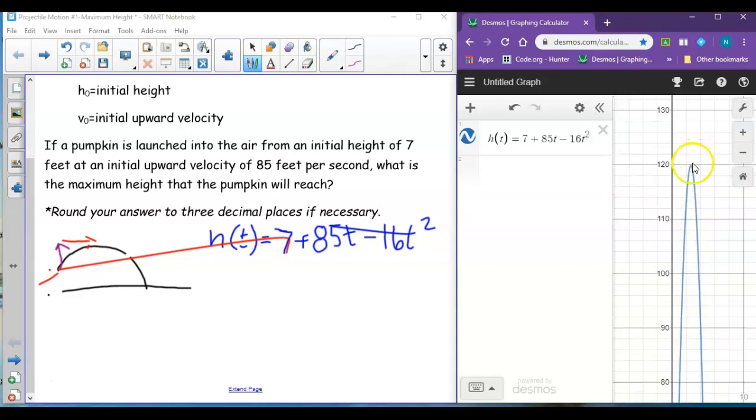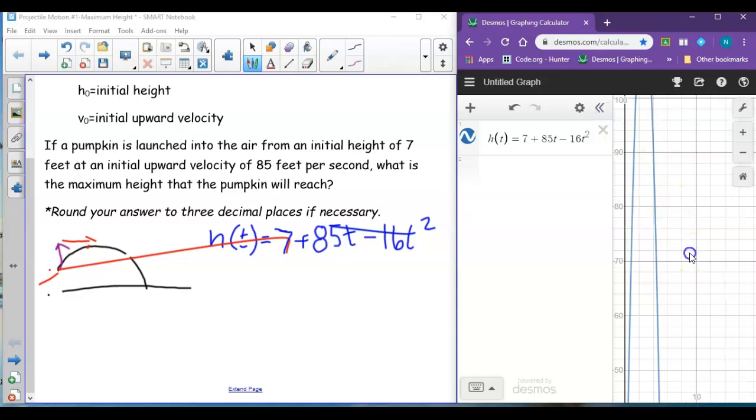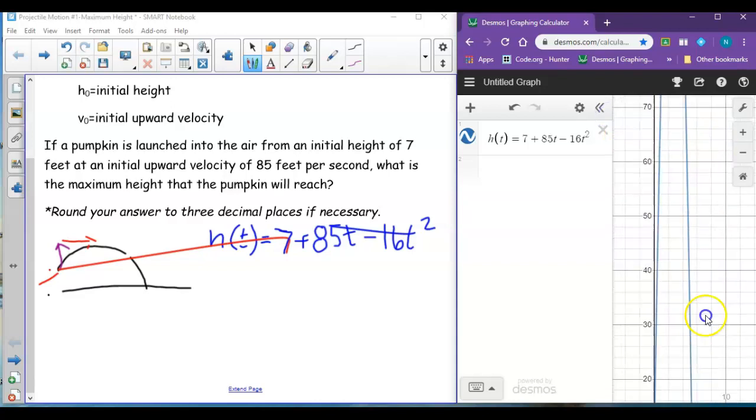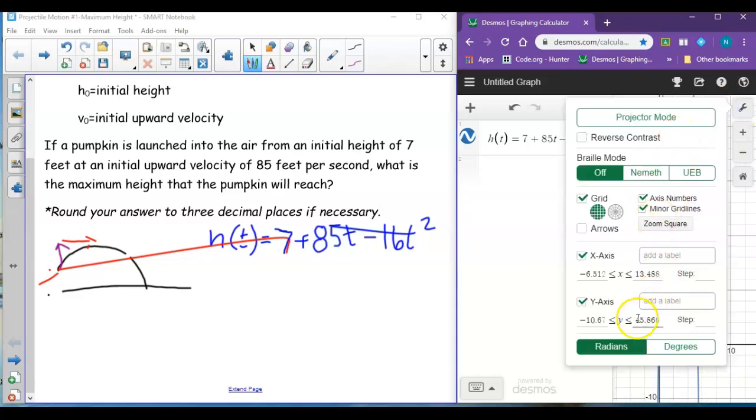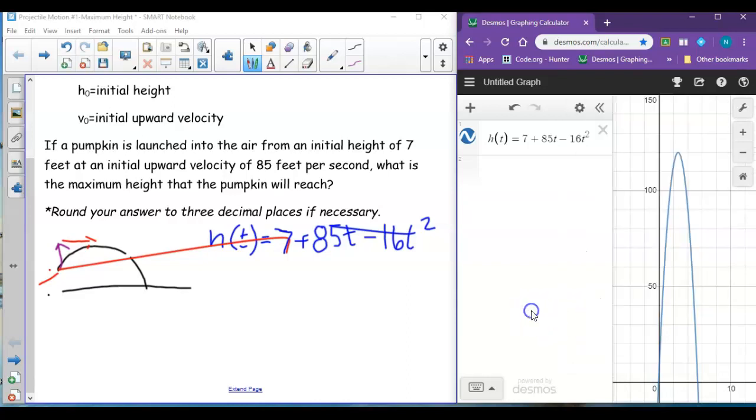And see, right there is the maximum point. Or I could go back. Let's go back just so we get a little better picture. Okay, so we were right here. If I make that maximum like 150, then I can see the top of this graph really well.